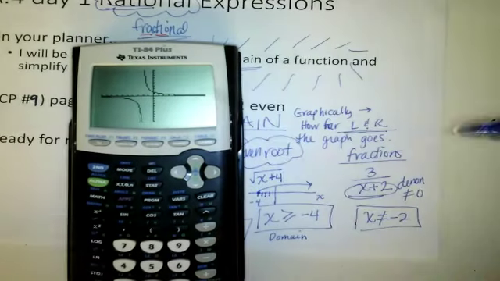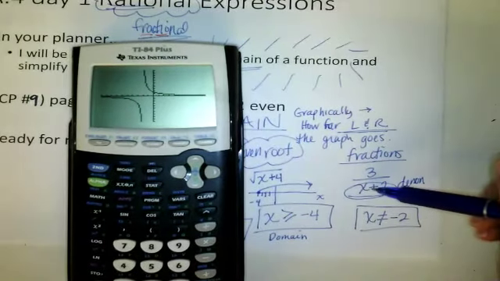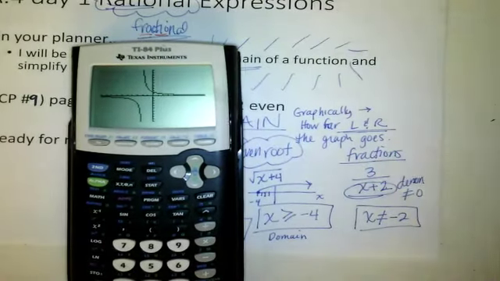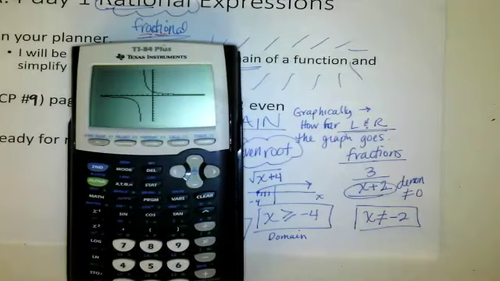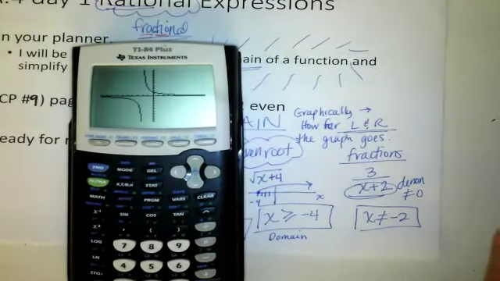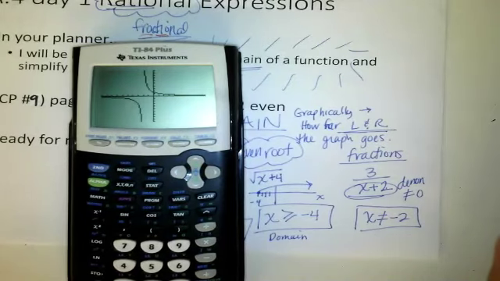But here, if I plug in -2, -2 plus 2 is 0. We get a 0 in the denominator. What happens when a 0 is under? It's undefined. Very good. When the 0 is under, it's undefined. I think I've said that before in this class, right? Undefined. When the 0 is under, it's undefined.